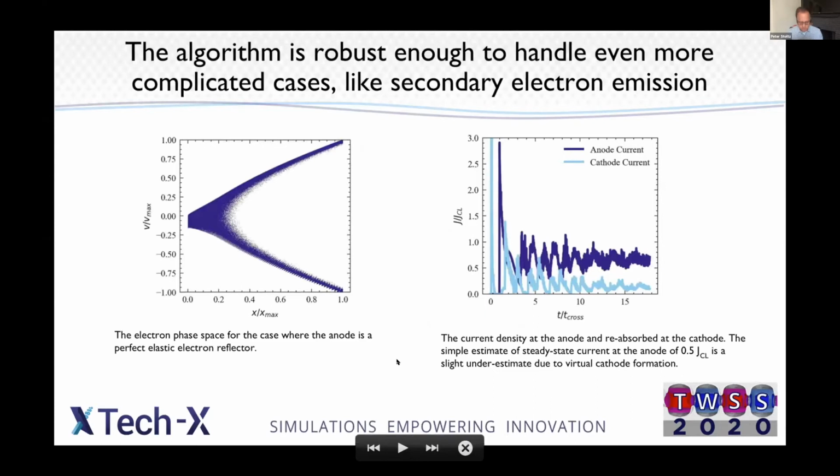Okay, so the first thing we tried after being happy with the 1D test, we said, well, what happens if we have current going 2 ways, not just one way, but 2 ways? And one case where that might happen, right, is if you have secondary electron emission. That means that maybe your anode is not a perfect absorber.